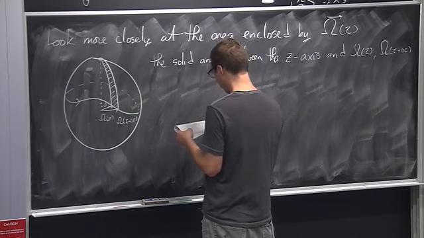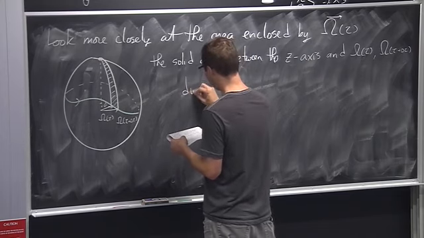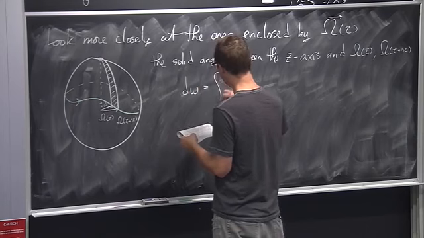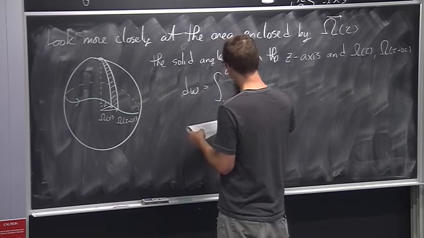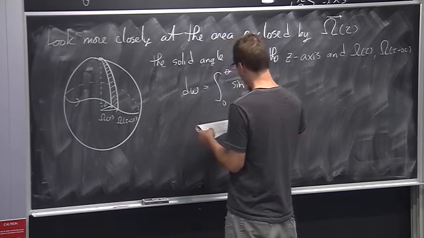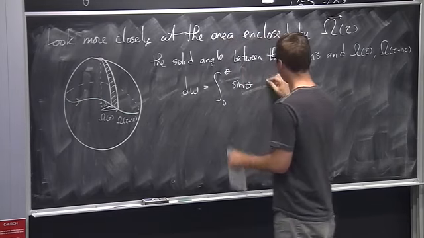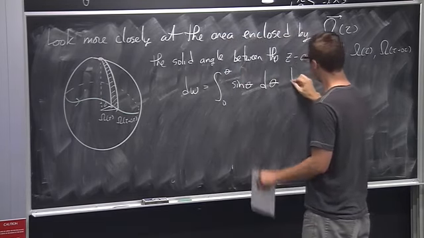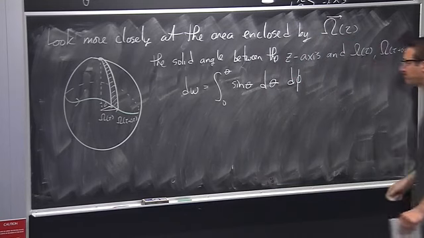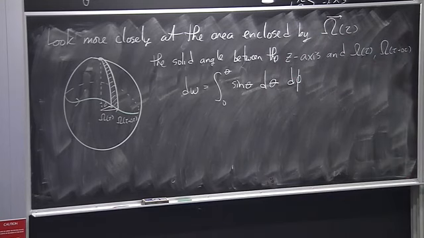So I found it in a textbook, and I'll call it small omega, where I'm integrating over basically just the Jacobian there.